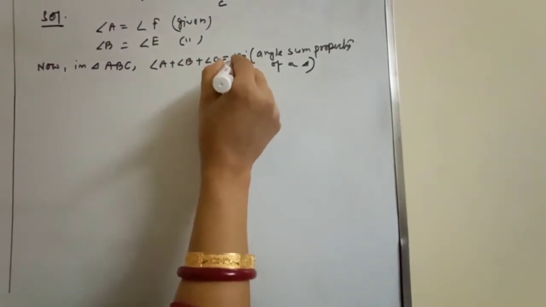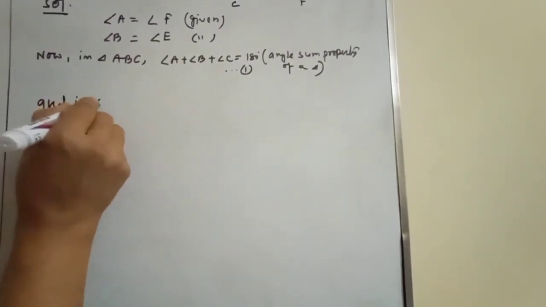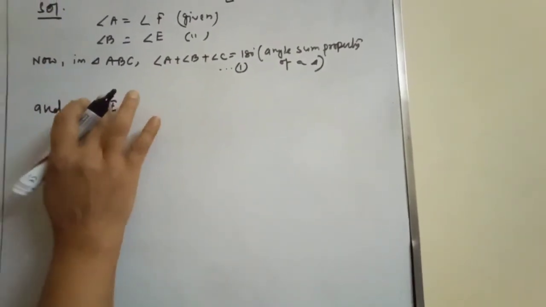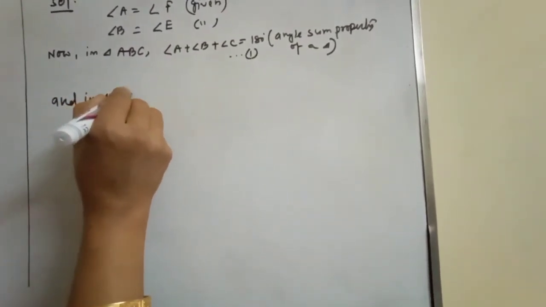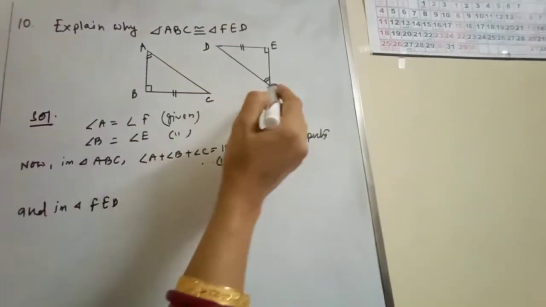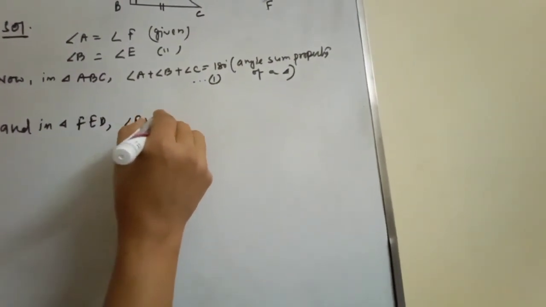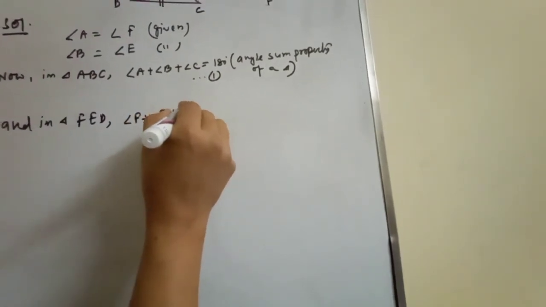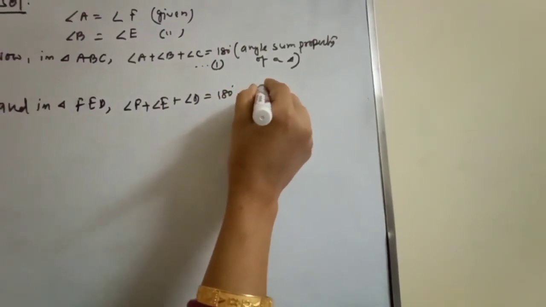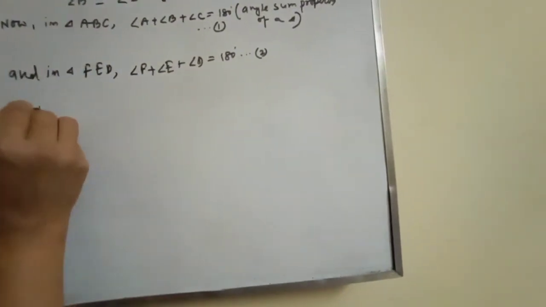This is your equation number 1. And in triangle FED, according to the sequence AF, so ABC, FED, angle F plus angle E plus angle D equal to 180 degrees. Equation number 2.